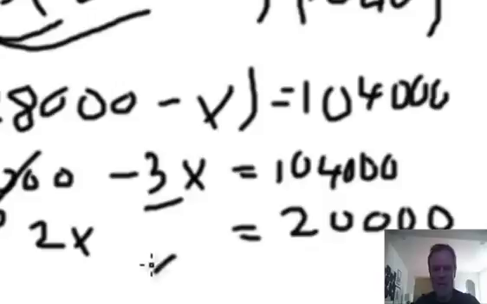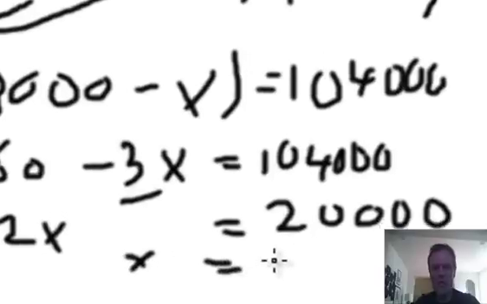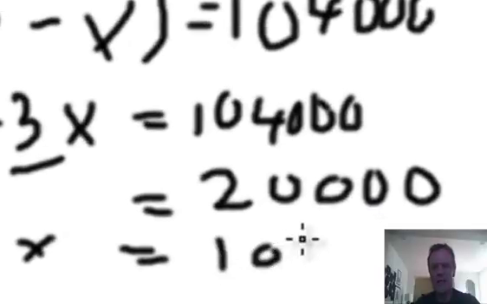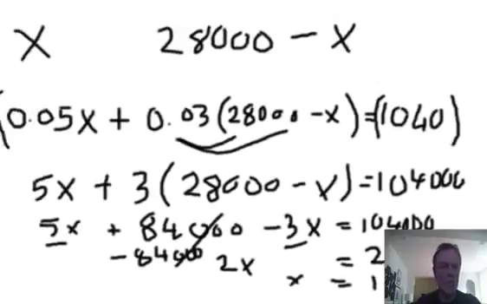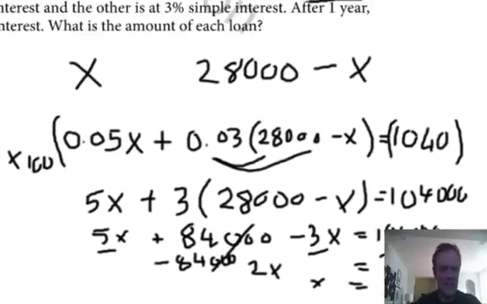Divide both sides by 2. You'll get $10,000. That's in the one that's at 5%, because that's the one with the 5. So the other one, if I take that away from 28,000, that's 18,000. So 10,000's in the 5% loan, and 18,000 at the 3%.